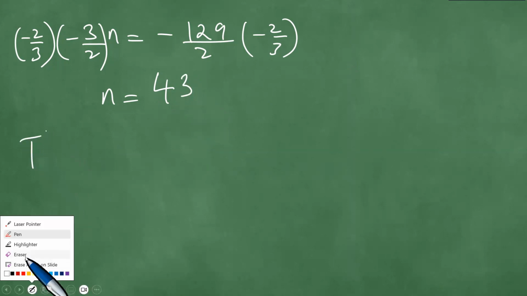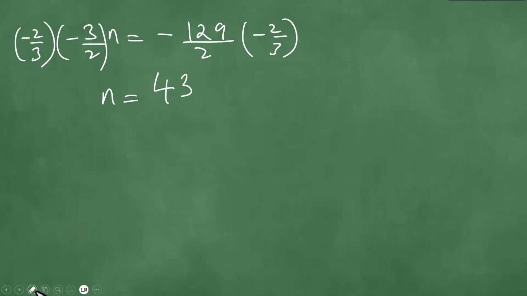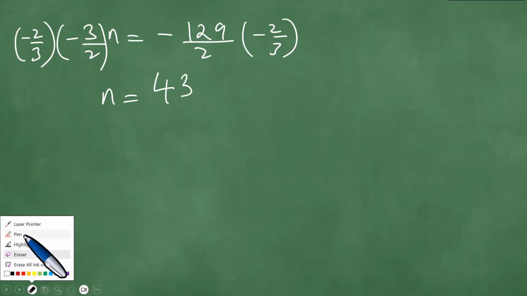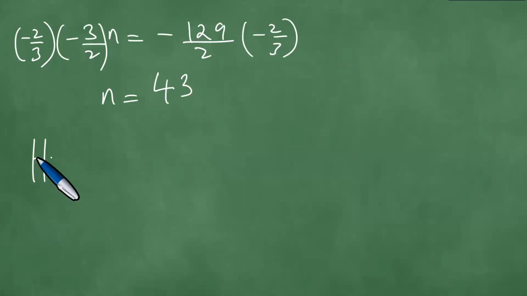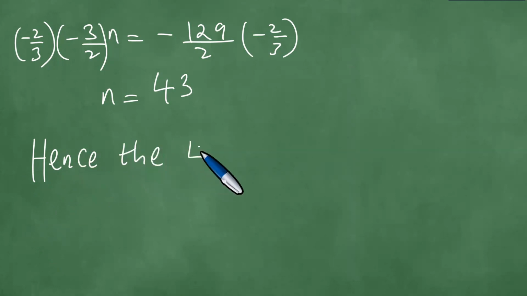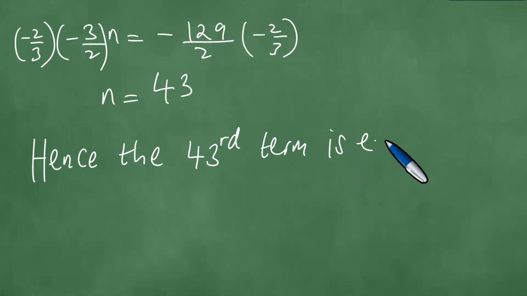Hence, we conclude that the 43rd term is equal to minus 51.